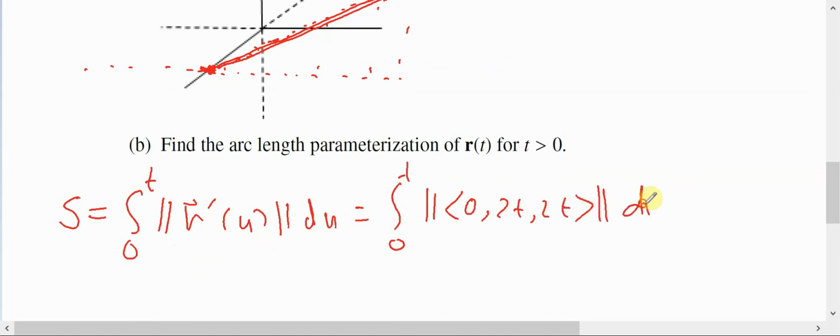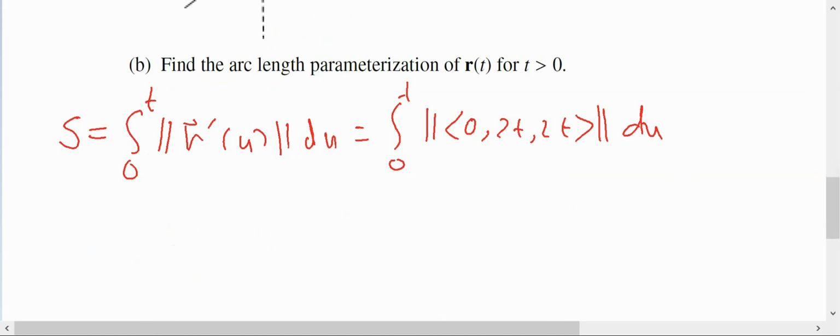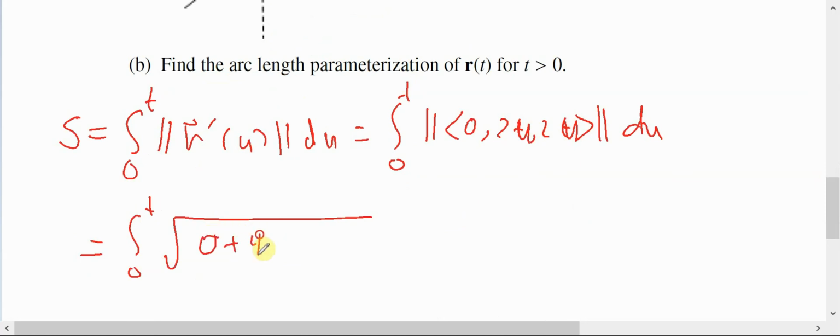This should be u, since I'm using a function of u just to avoid the ambiguity there. So it's 2u and 2u. Now the magnitude of that is going to be the square root of 0 squared plus 4u squared plus 4u squared.